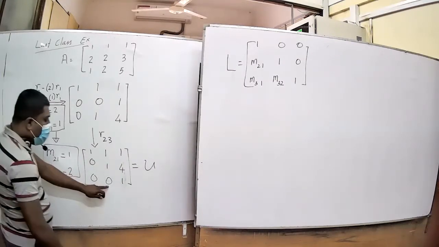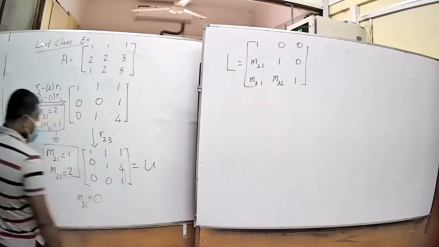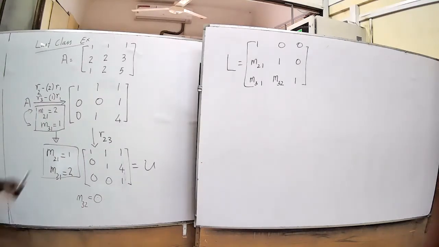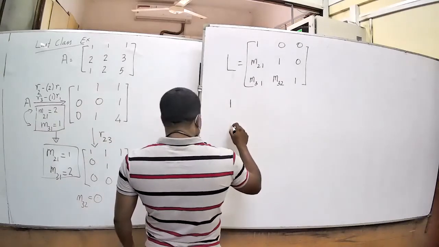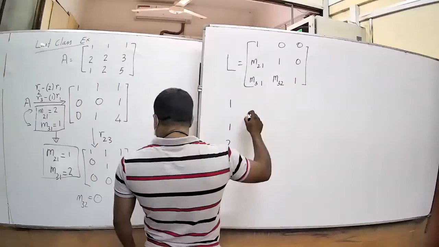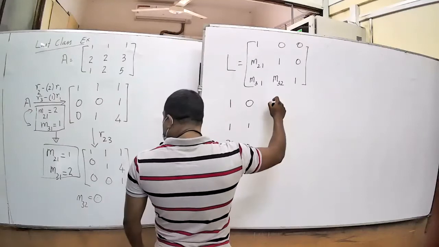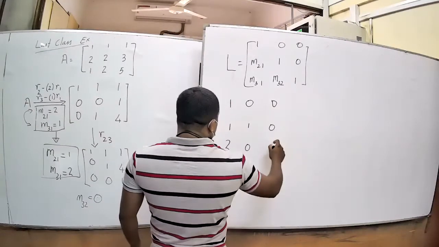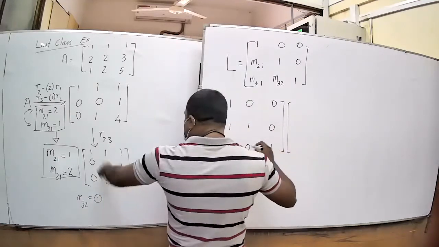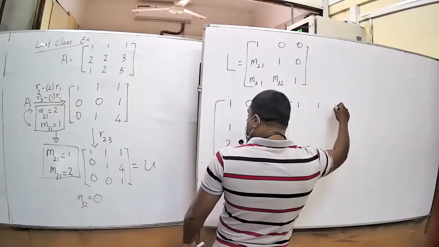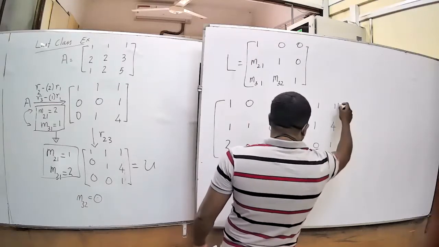Now here there are no more row operations, so in this case M32 is 0. So now if you write down your L, you will get this: 1, 0, 0, 2, 1, 0, 1, 0, 1. And then you multiply by U, that is 1, 1, 1, 0, 1, 4, 0, 0, 1.